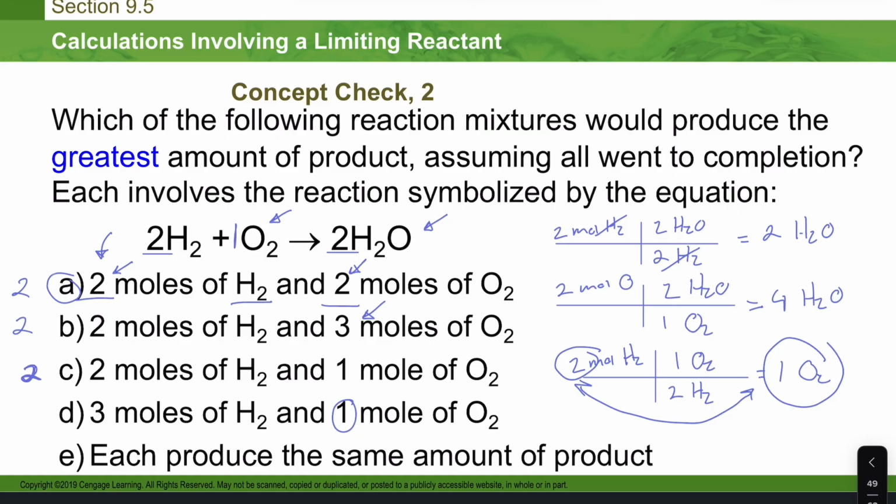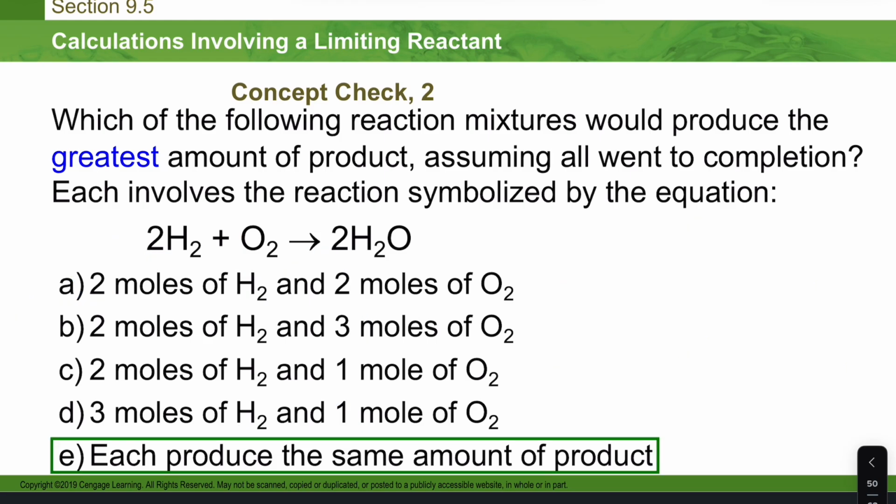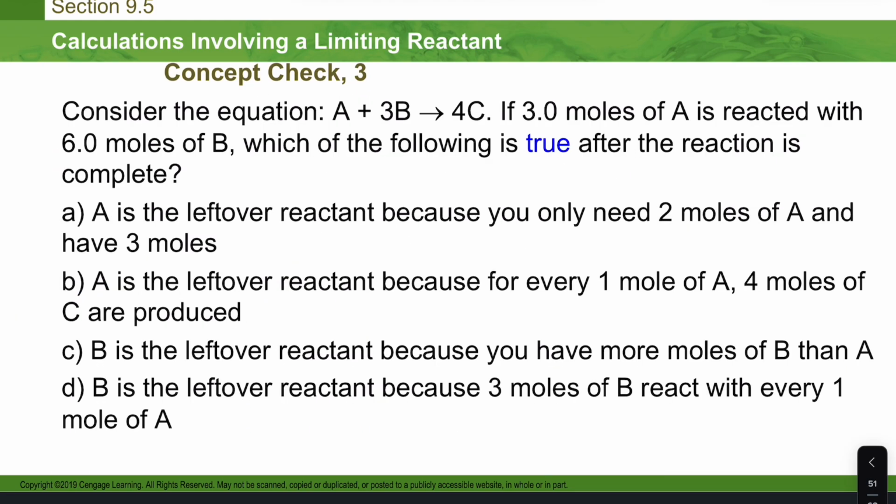Since the ratio is 1 mole of O2 to every 2 moles of H2O that are made, I know that 1 to 2 is going to be my ratio, and so for every 1 mole of O2 used, 2 moles of H2O are going to form with excess H2 present. And so we can say each produce the same amount of product. Okay, try this out, and then I will explain.